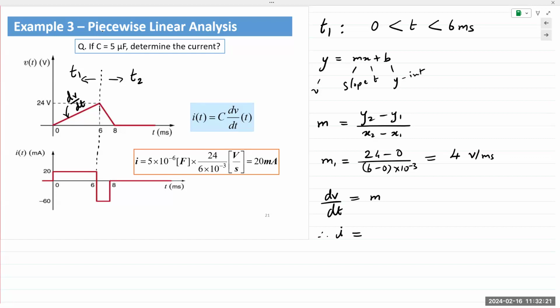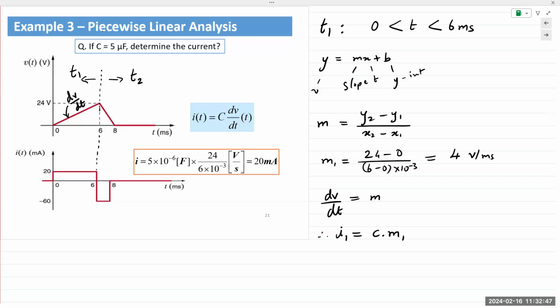The capacitor current I is simply given by C times M1. I'll label that as I1 for the first time period. I1 or IT1 doesn't really matter, it's notation. The point is the capacitor current in the first time period is given by the expression C times M1, C dV over dt.